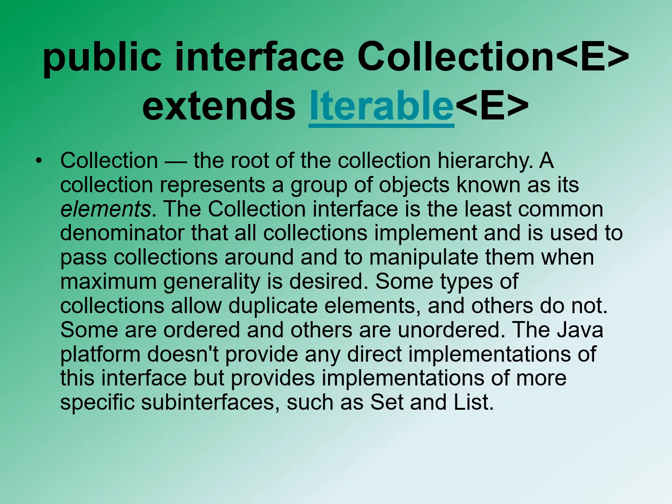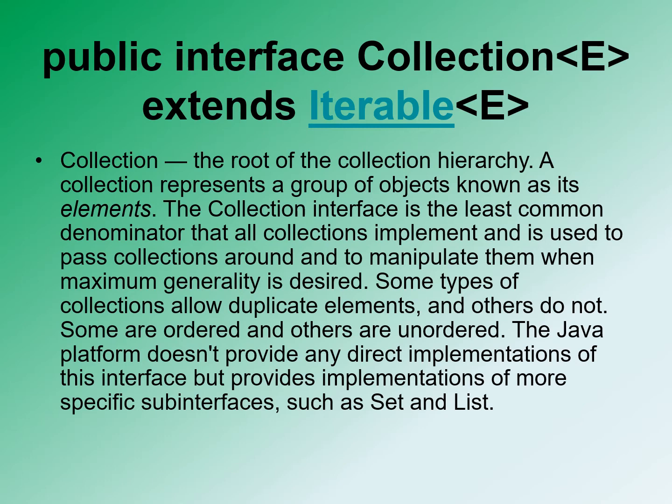Moving forward, public interface Collection<E> extends Iterable<E>. Collection is the root of the collection hierarchy. A collection represents a group of objects known as its elements. The collection interface is the least common denominator that all collections implement and is used to pass collections around and to manipulate them when maximum generality is desired.